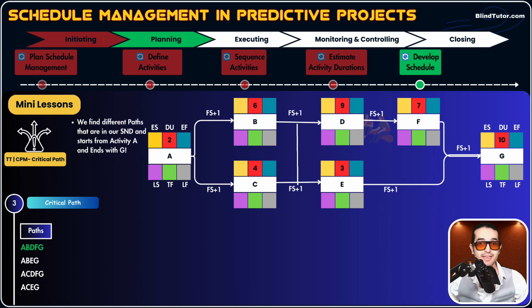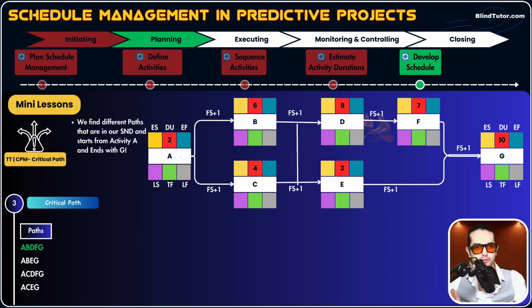No. Why? Because some of the activities are being worked on at the same time. For example, activity B and C could be worked on at the same time, or D and E at the same time. That's why we need paths. Now, guys, the second step is for each path, we sum up the durations of the activities.